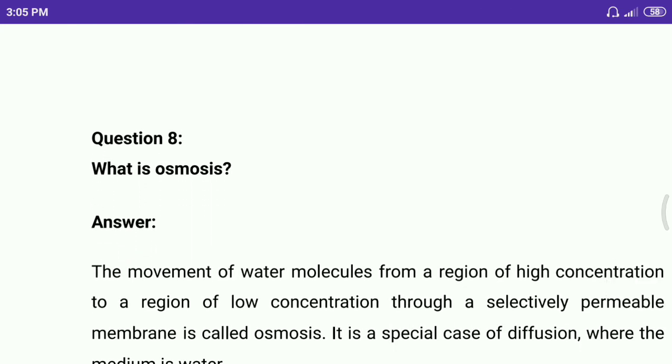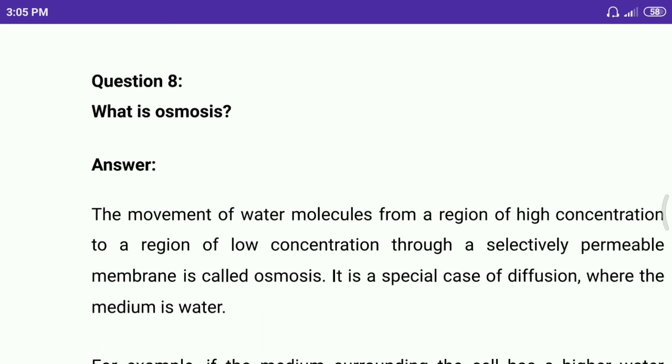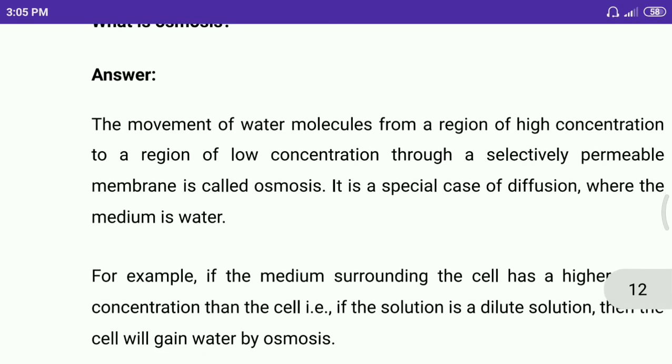Question 8. What is osmosis? Answer. The movement of water molecules from a region of high concentration to a region of low concentration through a selectively permeable membrane is called osmosis. It is a special case of diffusion where the movement is of water.